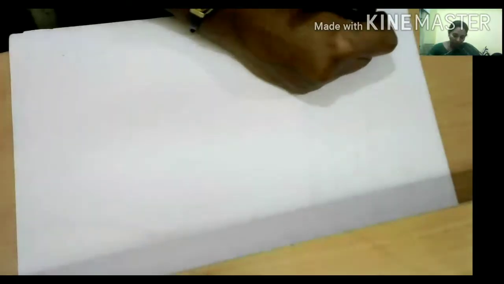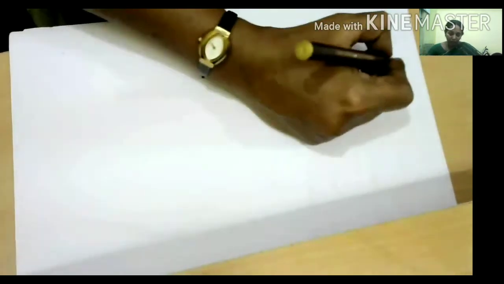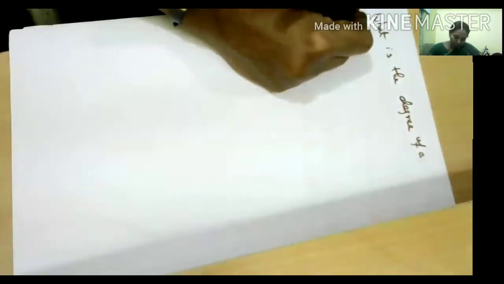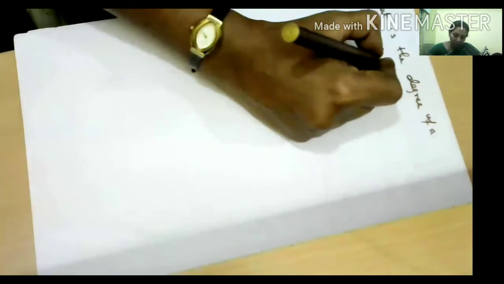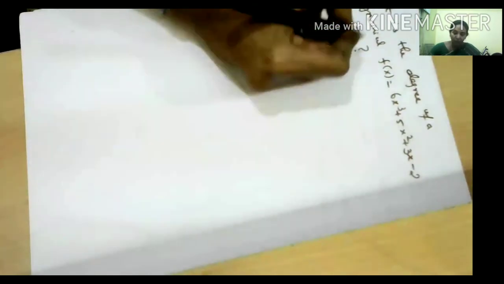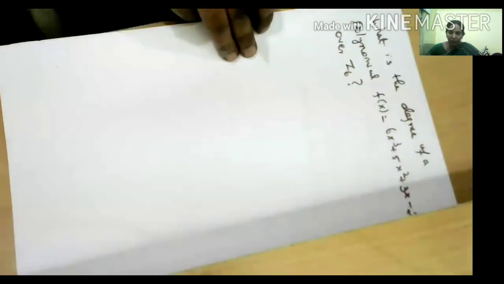The question is: what is the degree of the polynomial f of x equals 6x cubed plus 5x squared plus 3x minus 2 over the ring set 6? This is the question.